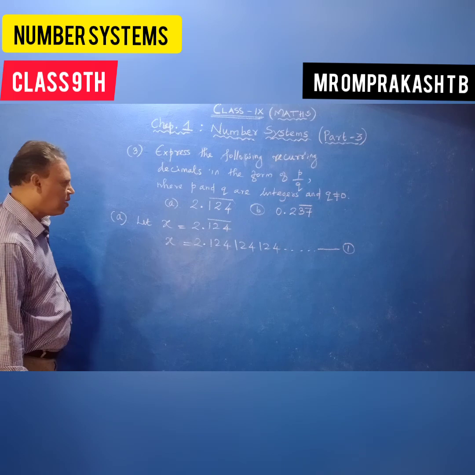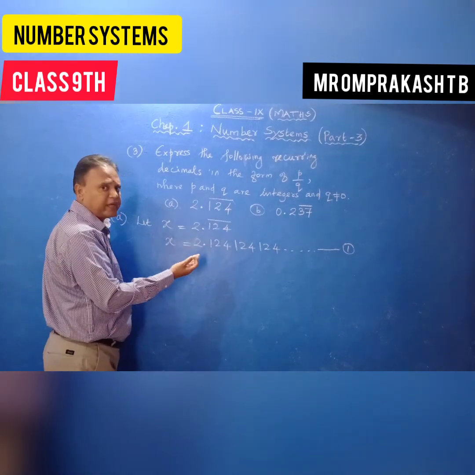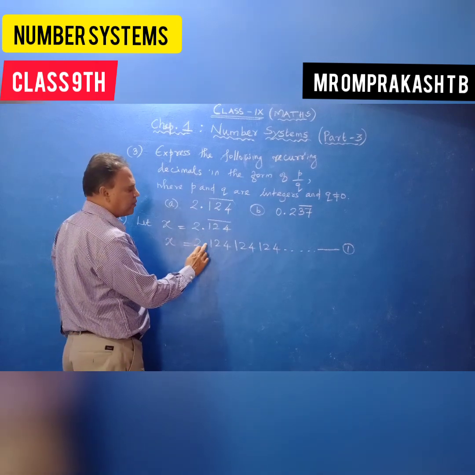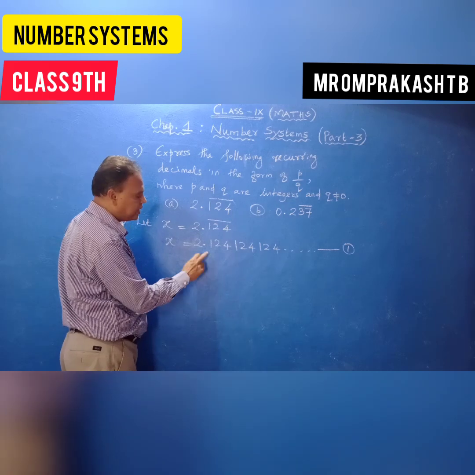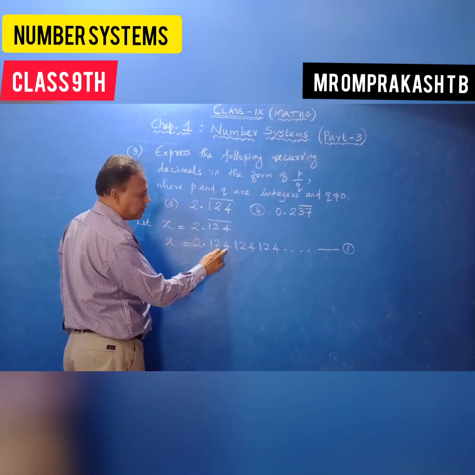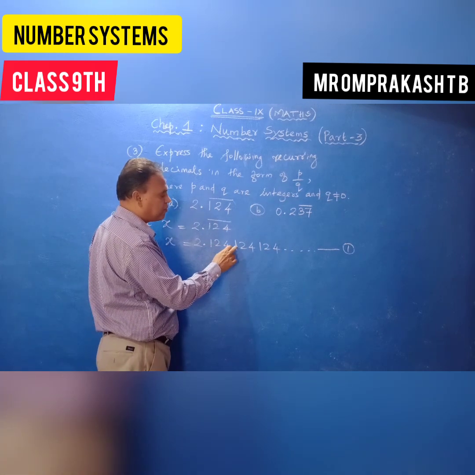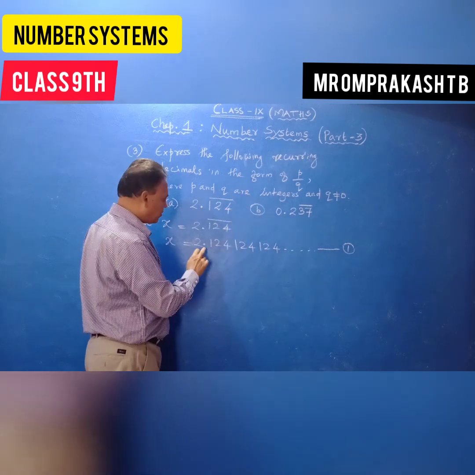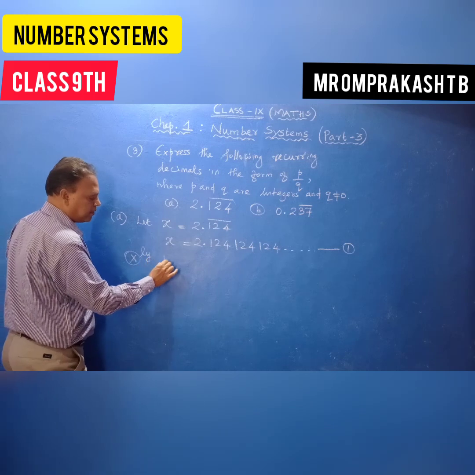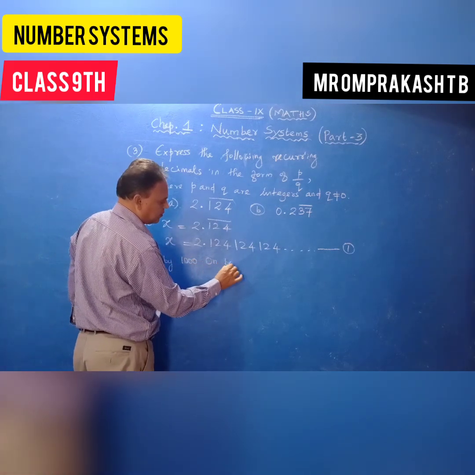Clear? Now next what you have to do is, if you multiply 100, 1000, 10 like that, you have to get same digits in the decimal part. You see here after decimal, 3 digits: 1, 2, 3, right? So multiply by 1000 means again you will get 1, 2, 4, 1, 2, 4 like that. So multiply by 1000 on both sides.